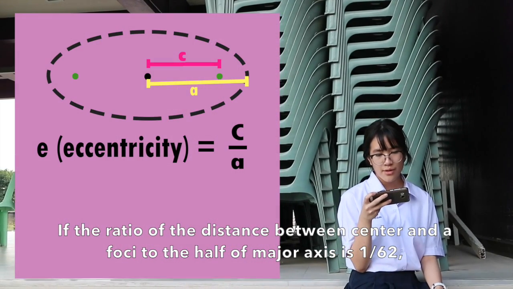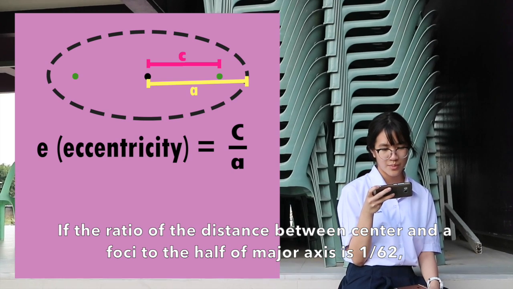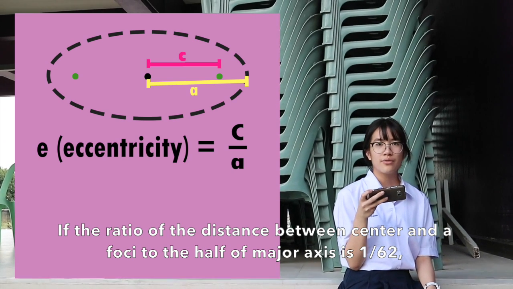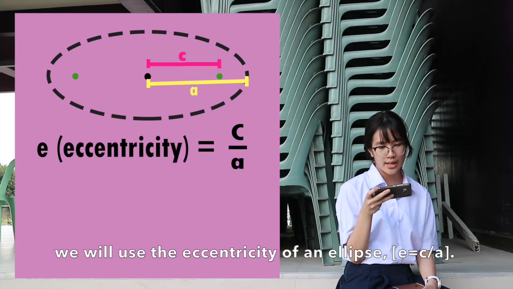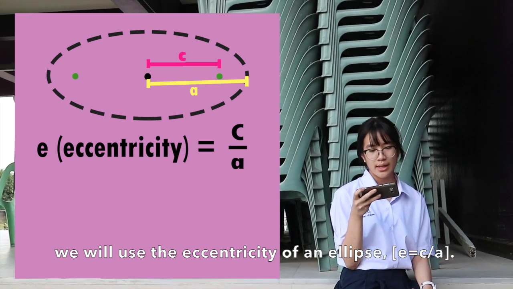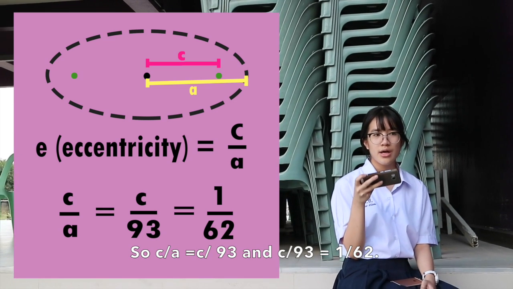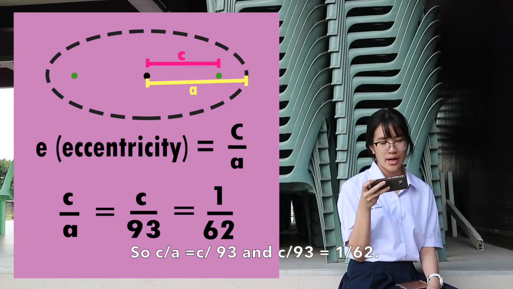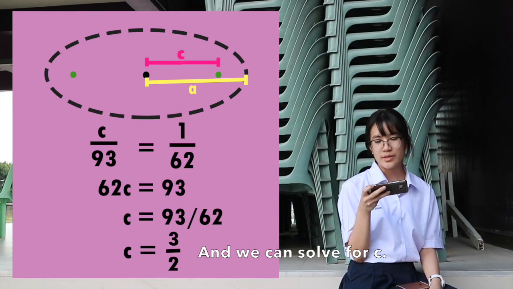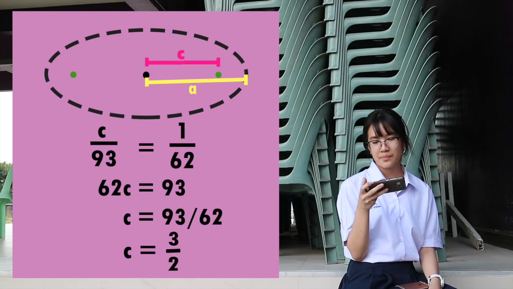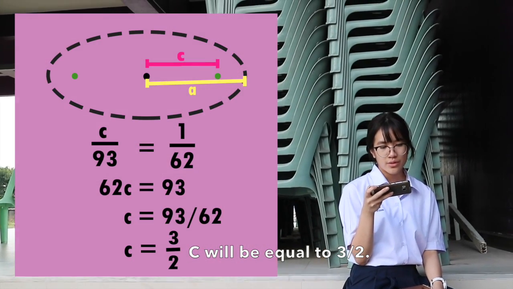The ratio of the distance between the center and a focus to half of the major axis is 1/62, so we will use the eccentricity of an ellipse, e equals c over a. So c over 93 is equal to 1/62, and we can solve for c. c will be equal to 3/2.